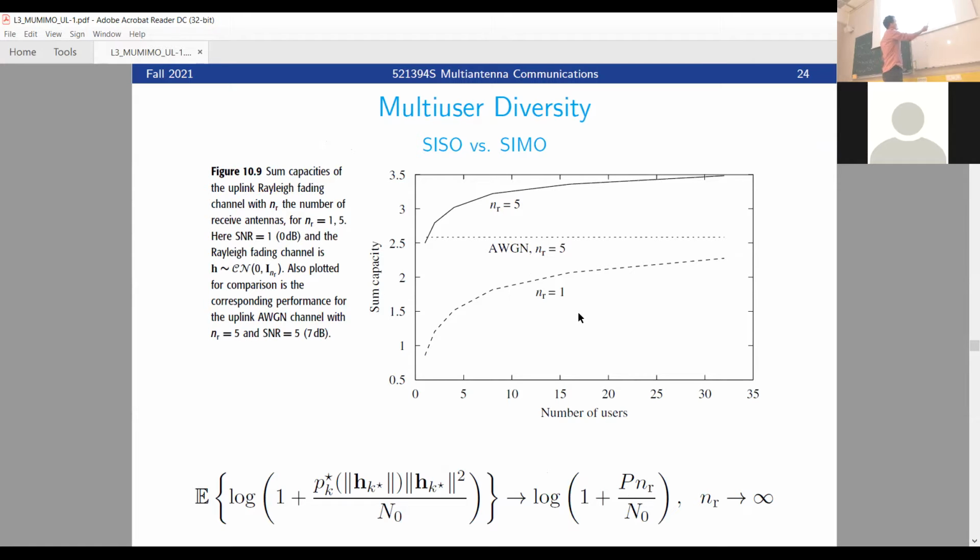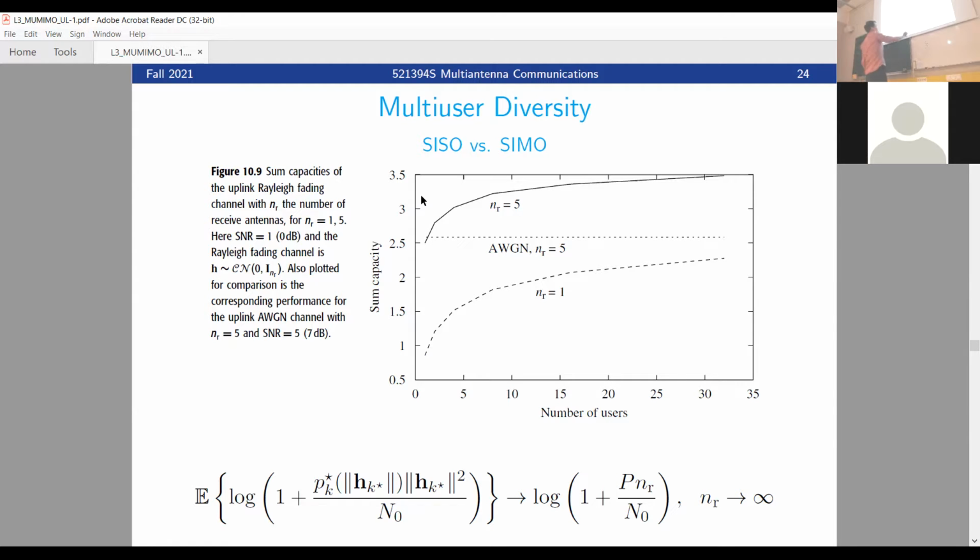So when you go to 100 users, you will have just a double log increase in the rate. So very little gain. Most of the gain you get from going from 1 to a few users. This was the single antenna case.